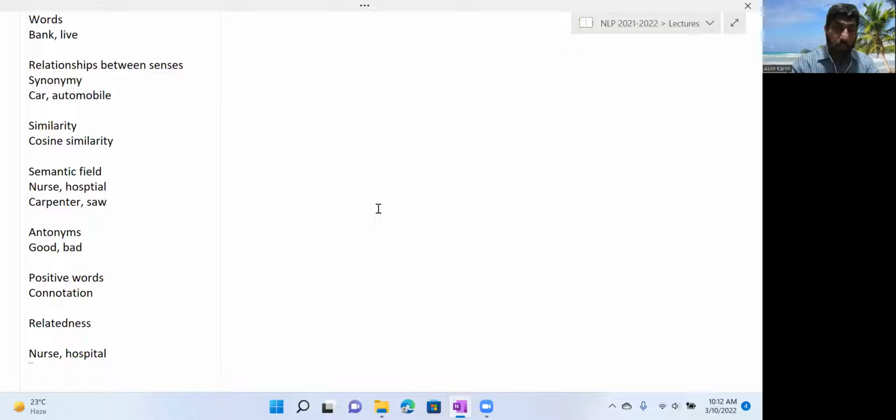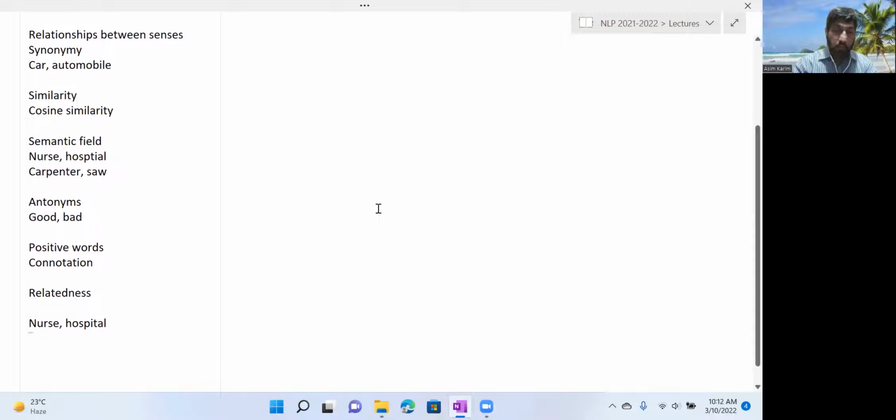So in most cases, whenever we are deriving meaning from context, it is not just similarity, it could be antonyms, it could be other semantic fields. So that's why we talk about the concept of relatedness rather than similarity. And using that same thing, we can use the cosine measure to quantify relatedness.